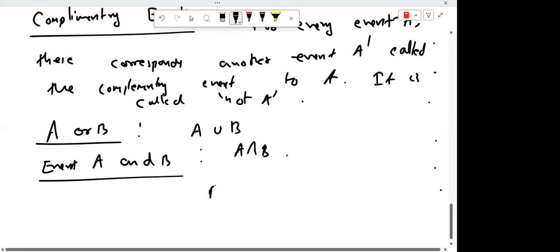Remember, probability is always less than or equal to 1 but greater than or equal to 0. Sometimes they ask questions based on this.